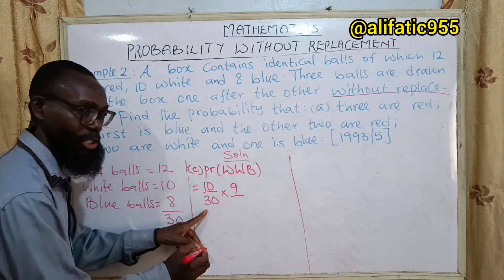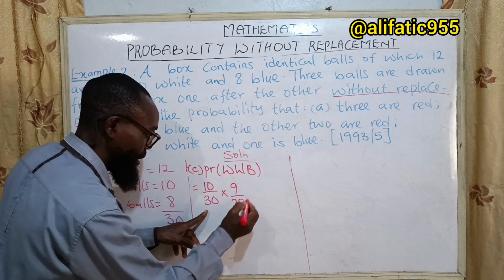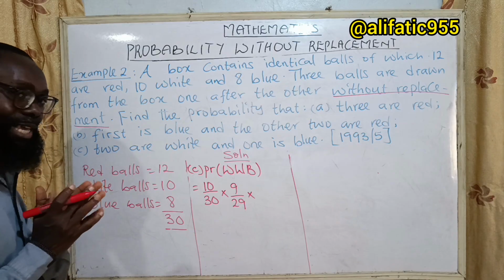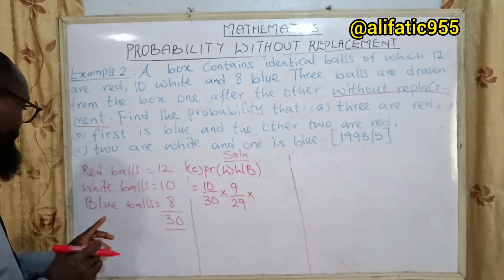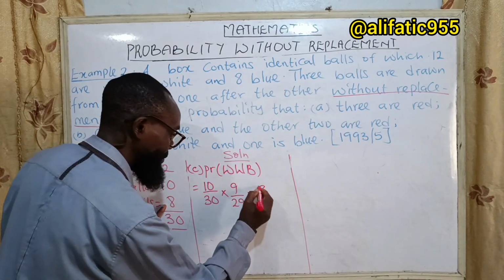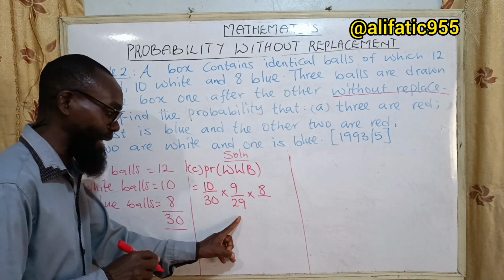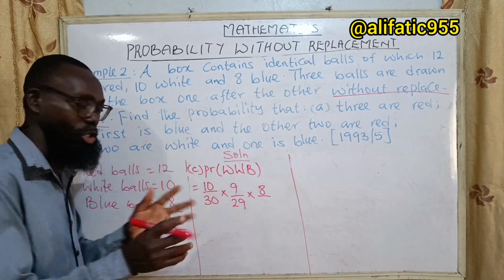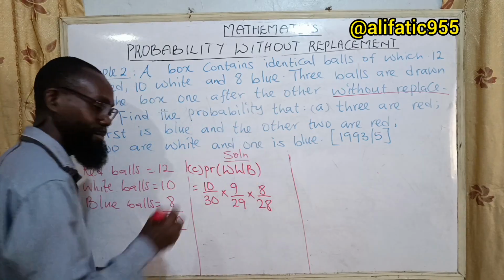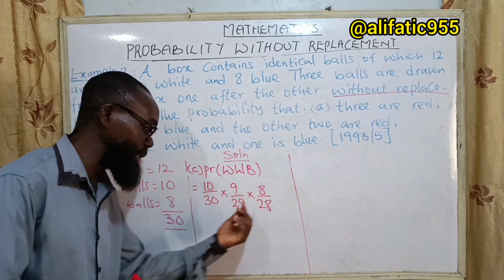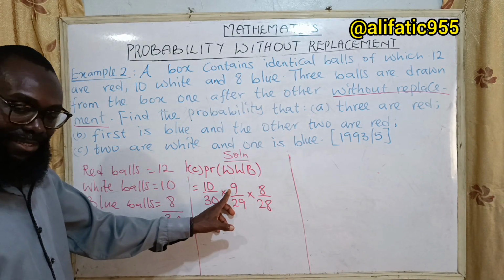The total number will also be reduced by 1, 29, multiplied by, but blue remain intact. Number of blue here, we have what? 8. Are we there? But total number of blue will be reduced by 1. And total number of the balls will be reduced by, that is what? 28. You know, the ball that was picked was white.